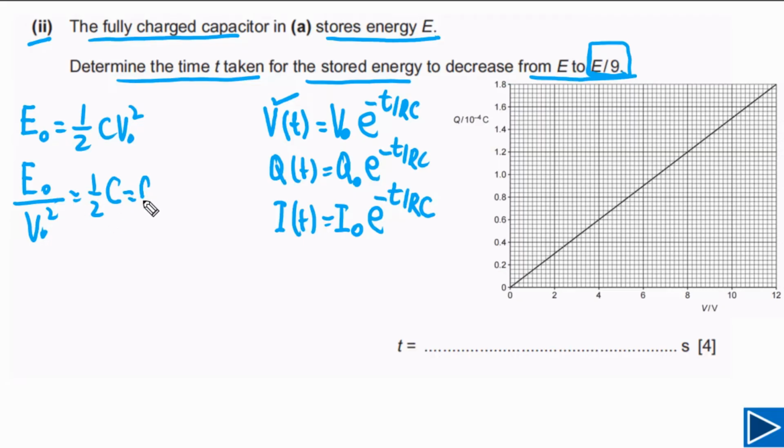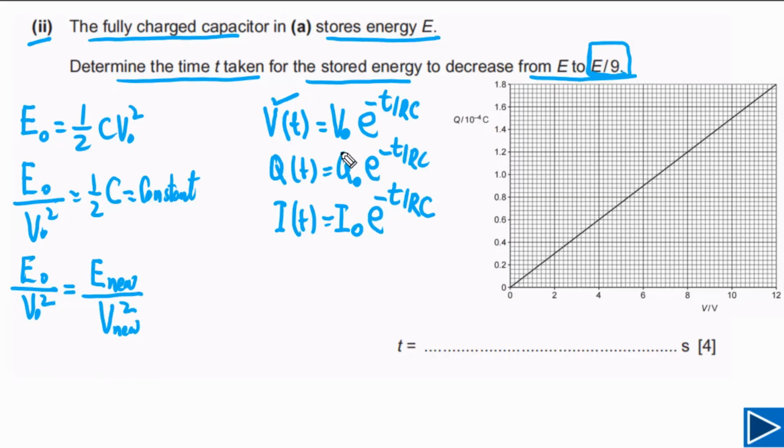So simply we can say this will be equal to some constant. We can say that E naught over V naught squared, the ratio between these two quantities, will stay constant. So let's say we have the new energy stored, that is E new. We have to find out what is the new value of V. Now from here we can find out the value of V.